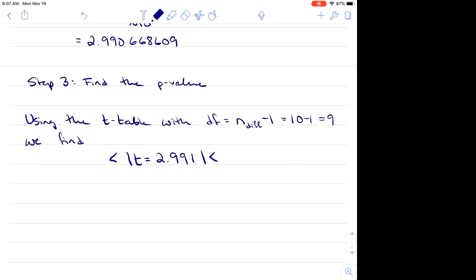So we've got 9 degrees of freedom. And so we're trying to place our 2.991. We're getting pretty good at this now. So it's between 2.821 and 3.250.